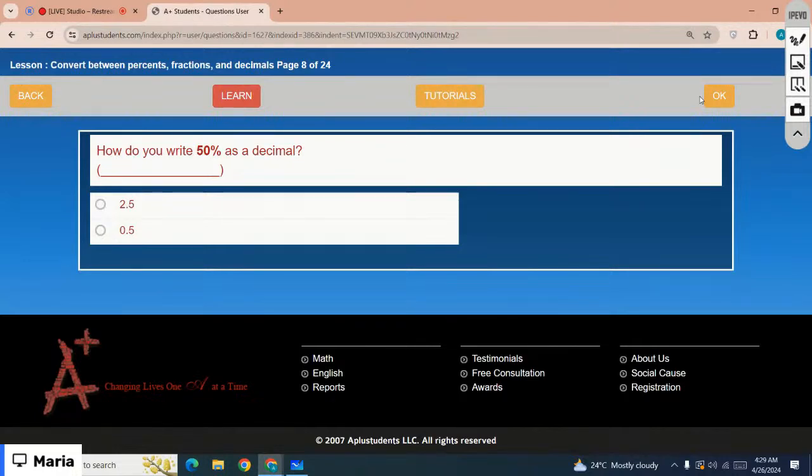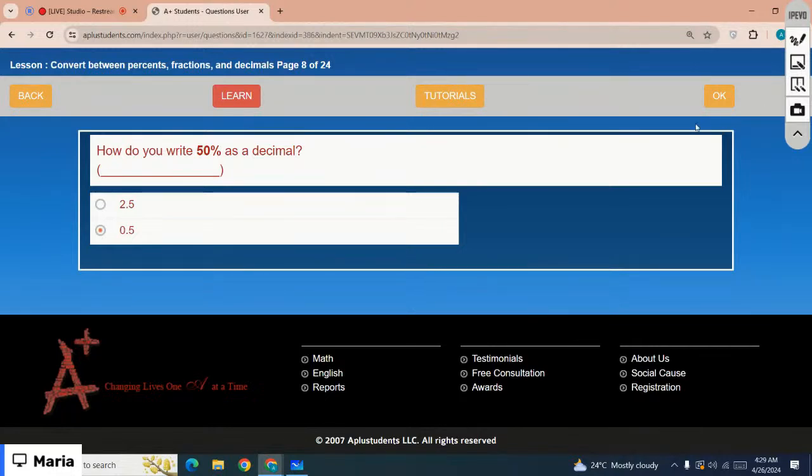So stop chatting. Yes, that is 0.5. Option number 2 is the correct option.